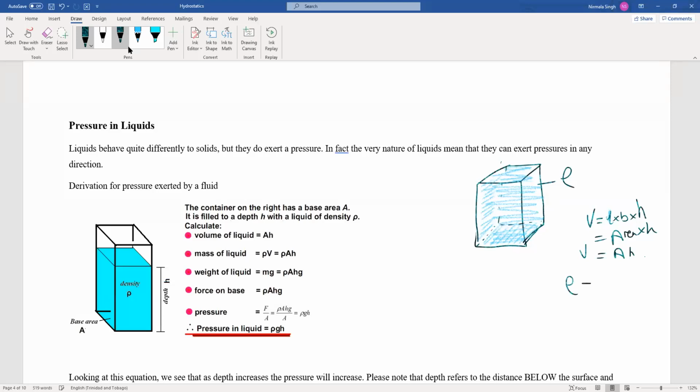How do we work out density? Density is what over what? Anybody remember how to find density?